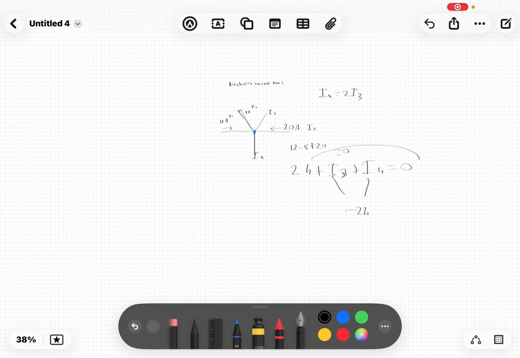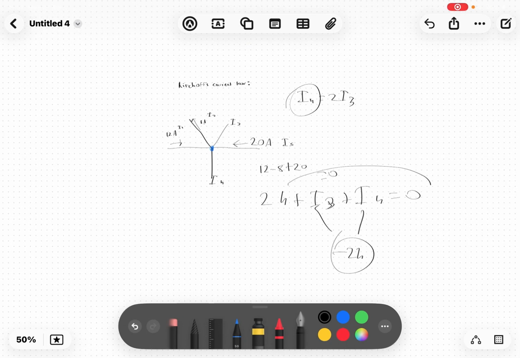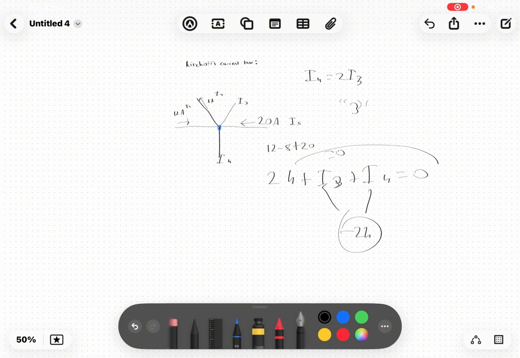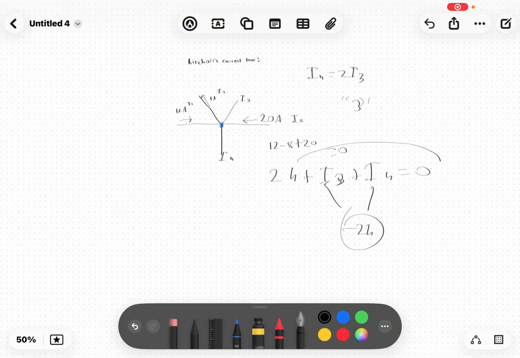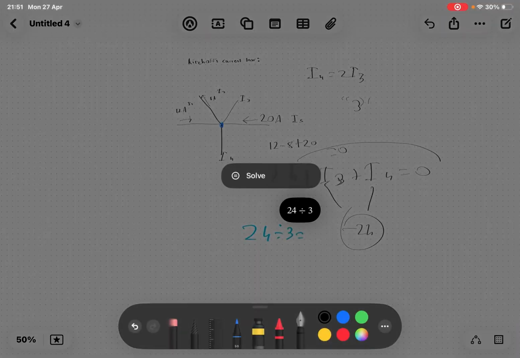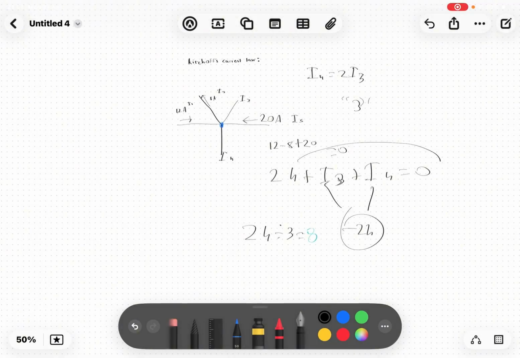We divide this by 3, because I4 is 2 of these, so there are basically 3 values in the brackets. So we just divide by 3. 24 divided by 3 equals 8. I need to check my math skills.